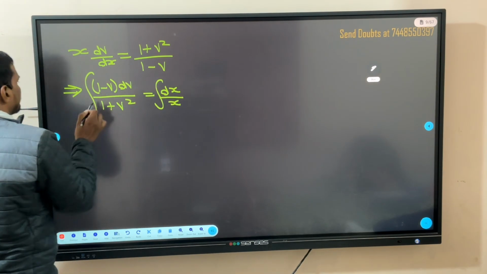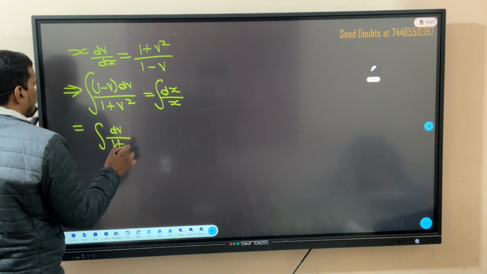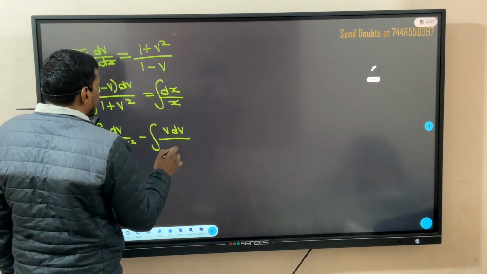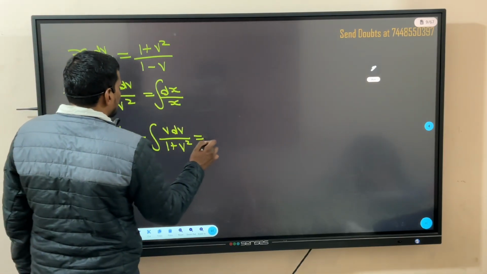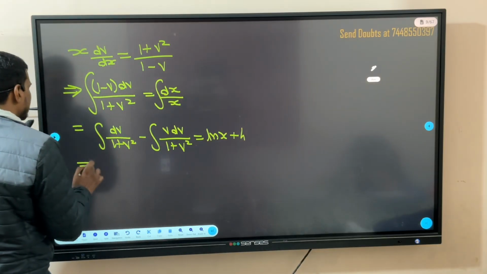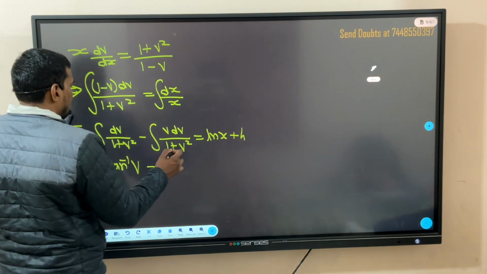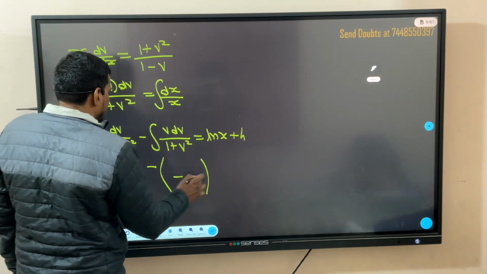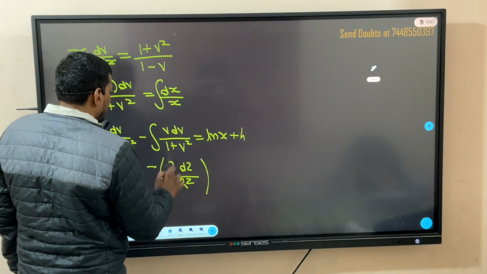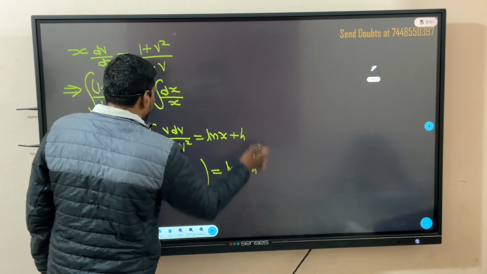Integrate. So if you integrate dv by 1 plus v square minus v dv by 1 plus v square, that is ln x plus lambda, and this is, guys, tan inverse of v. What is it? Tan inverse of v. And if you put 1 plus v square as z, so v dv is dz by 2, integration, that is ln x plus lambda.